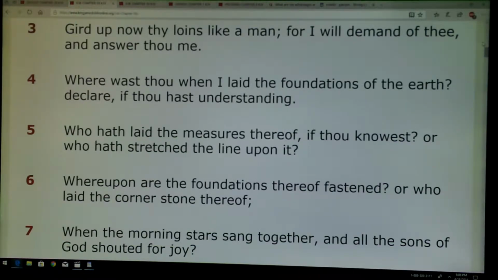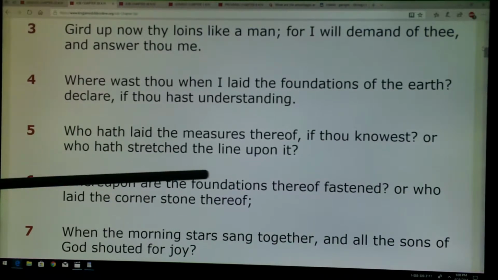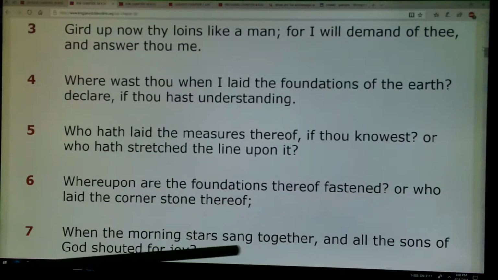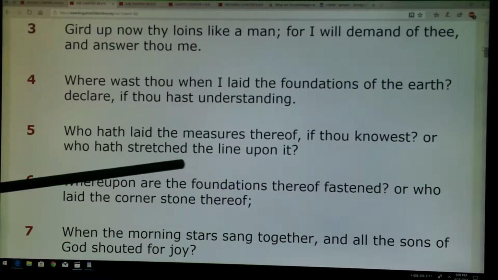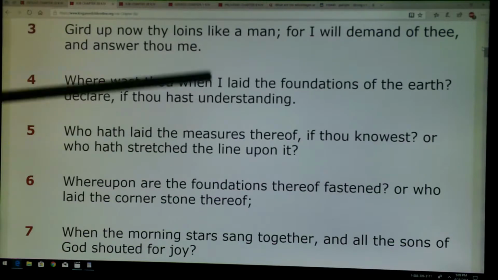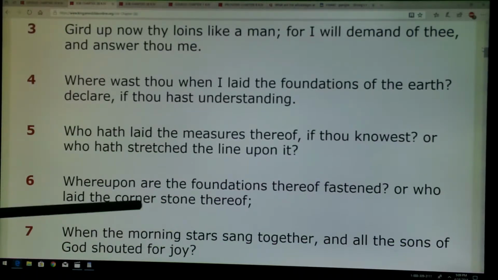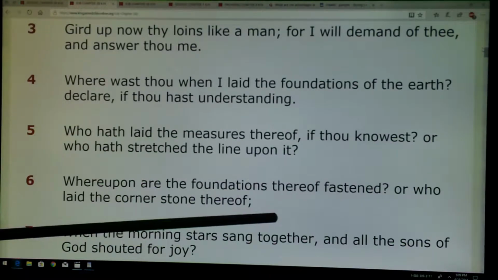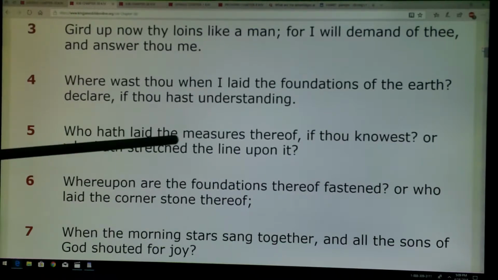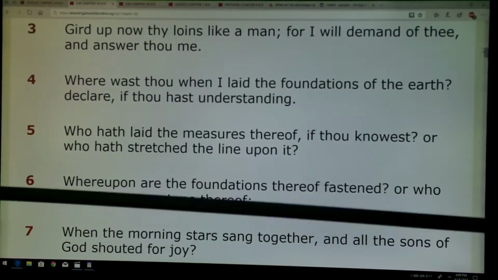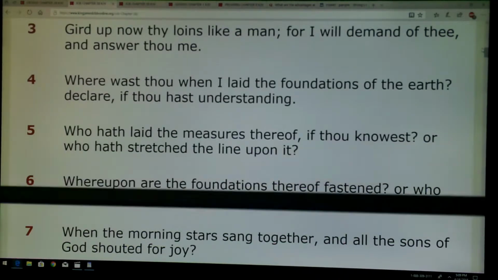A ball is globular, and circular, and round. So when the Most High created the earth, he set a line upon it, upon the foundation. Whereupon are the foundations thereof fastened. So the foundations are fastened to the line upon the earth, to the straight line.